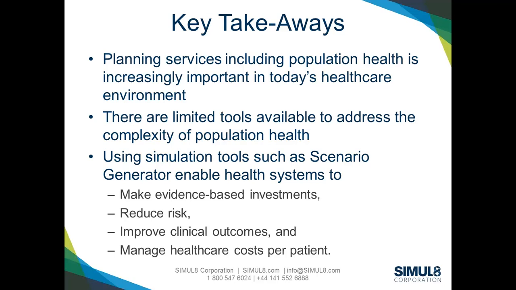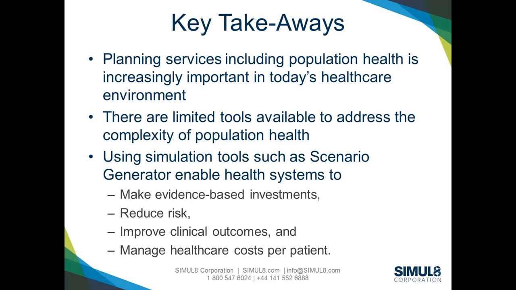So really quick, I just want to hit a couple of key points. I think we've talked today a lot about planning services around population health and how important it is in today's environment. And that really there are limited tools, and that Lean and Six Sigma, epidemiology, public health, all of these are incredibly important to the conversation and key stakeholders as part of making population health decisions and figuring out where we can intervene to have the biggest impact.